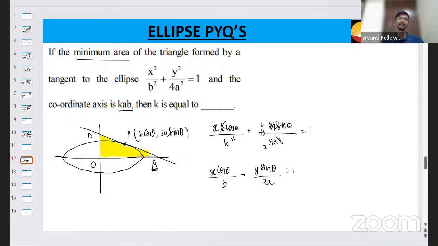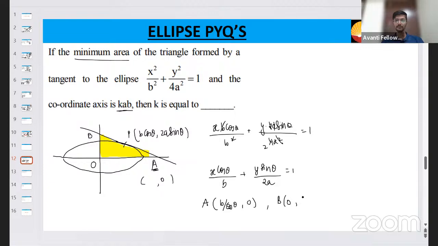Now for point A, guys, point A is the x-intercept. So we put y equals 0. So we get point A as b by cos theta, so b sec theta, comma 0. And point B is 0 comma something, right?